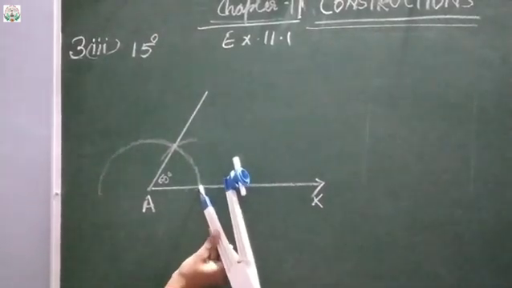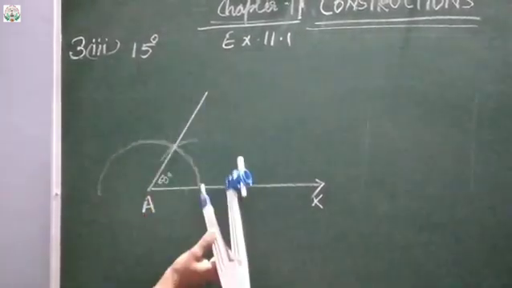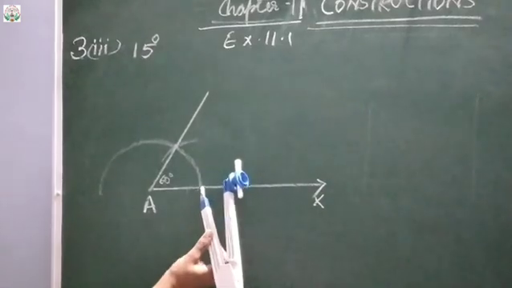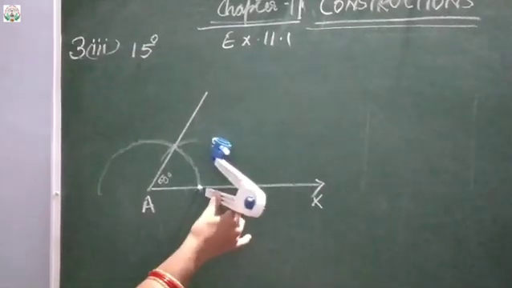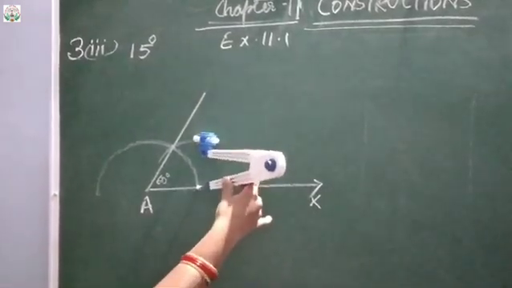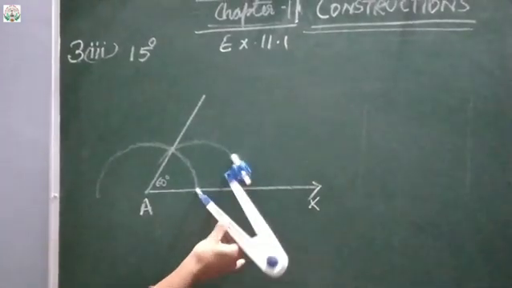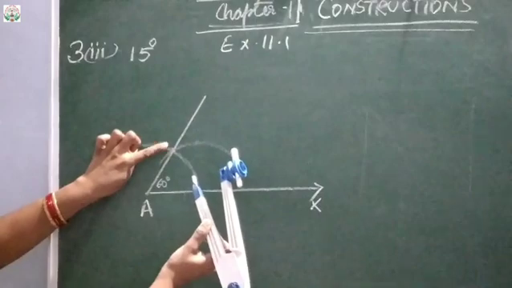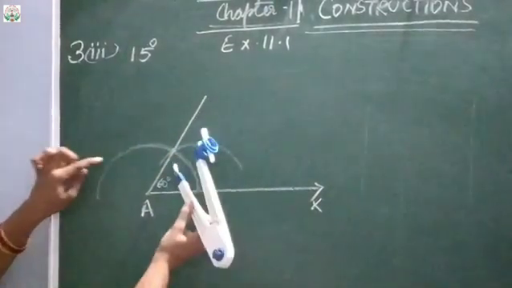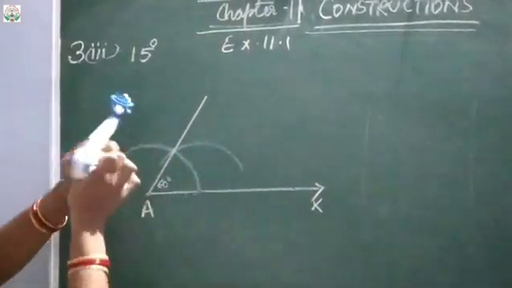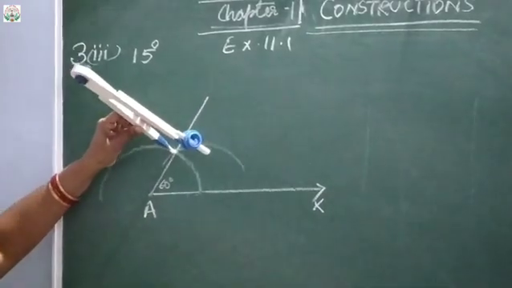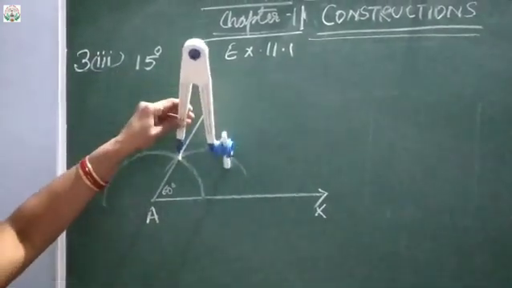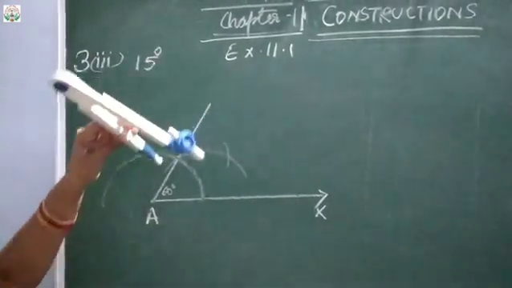So with the same measurement, what you will do? Keep the needle at this point where the semicircle touches the ray, and again draw the arc. Again, at the 60 degree line, wherever it touches the semicircle, at that point keep the rounder needle and cut an arc of the same measurement.